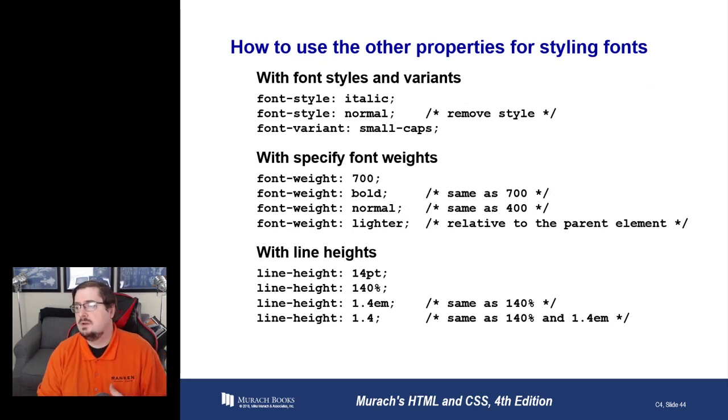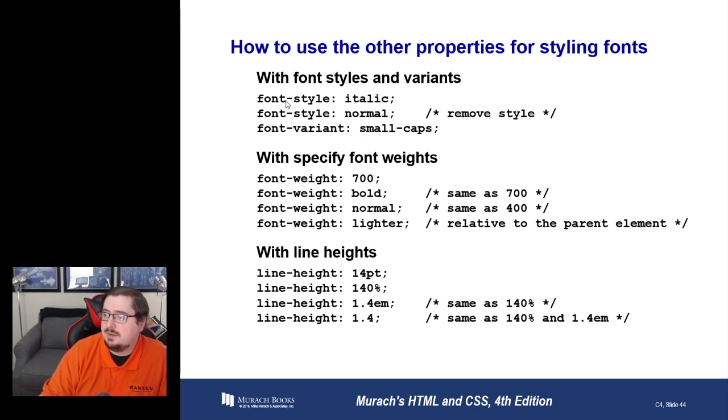Okay. So some examples of working with these different font properties. Say I want to make it italic, I could write it like that. Or if it's already got some italic on it and I want to remove that, I could say font style normal, and that would put it back to normal styling. If I wanted to specify small caps, I can do that there, or font variant small caps.